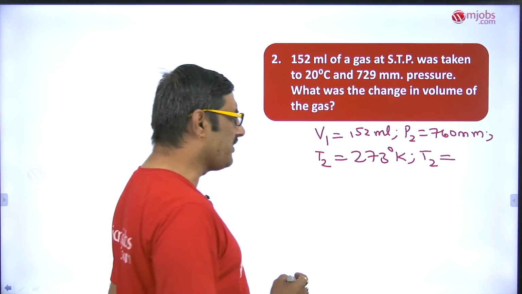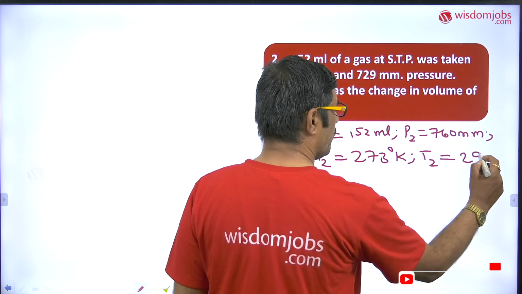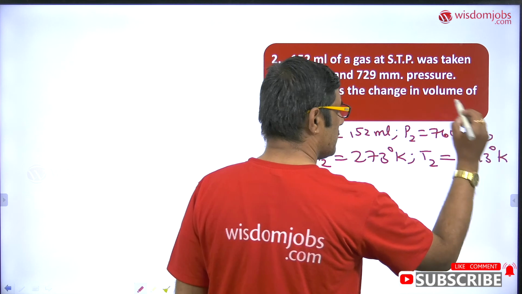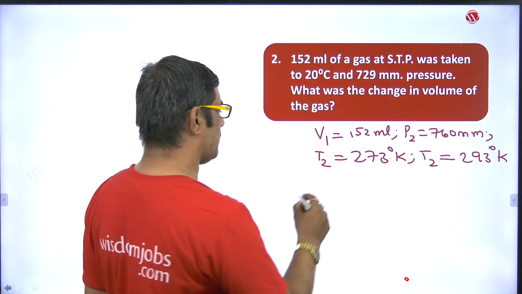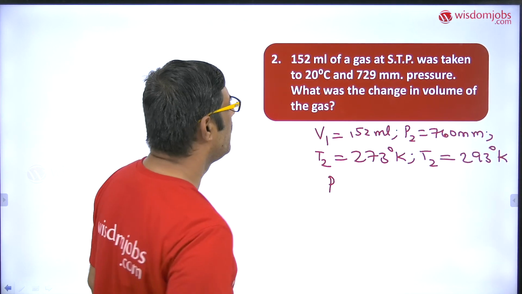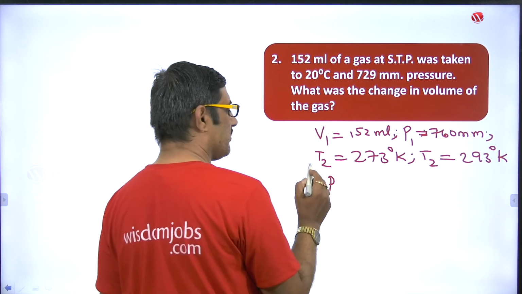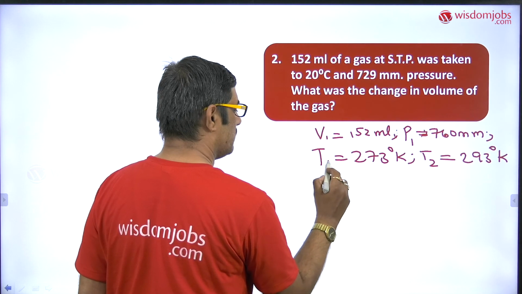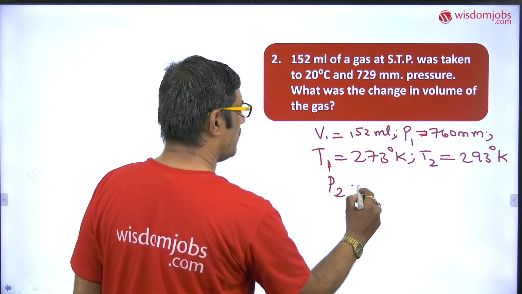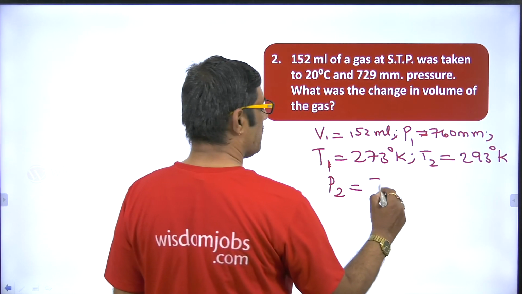So it is going to become how much? 273 plus 20, which is 293 degrees Kelvin. Okay, and P2 is going to be, sorry, actually these are all P1s. This is P1. Okay, and here also it is T1. Okay, this is P2. So P2 is how much? 729 mm.